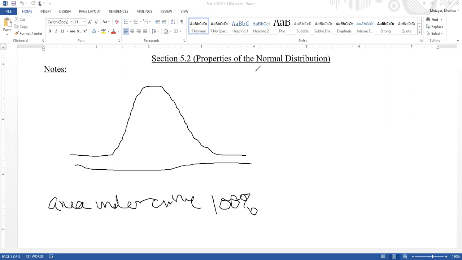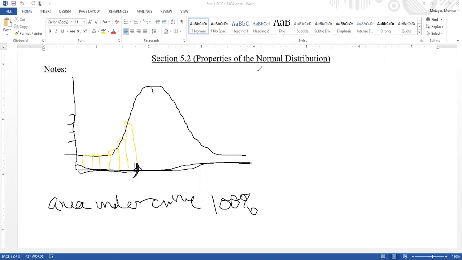So if we were to draw our different classes in here, and I could keep going and going, we're going to have all of our combined frequencies over here. And as we add them up, we're talking about the cumulative frequency to that point.